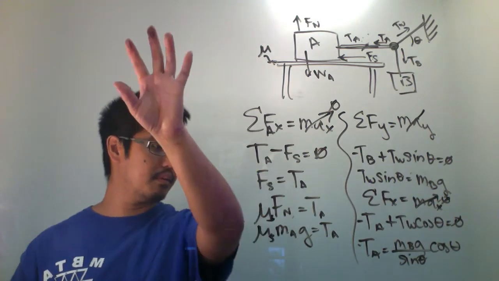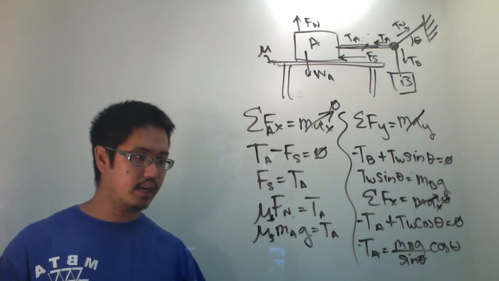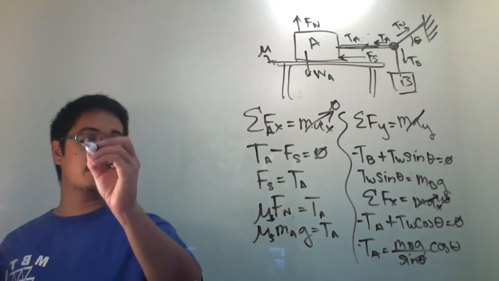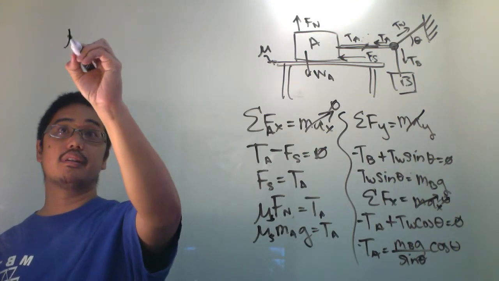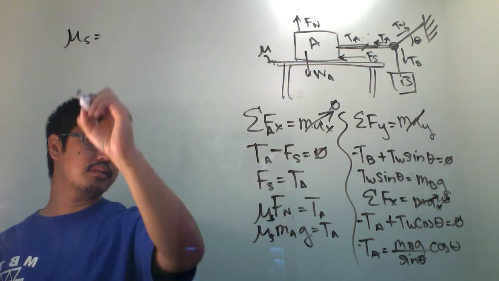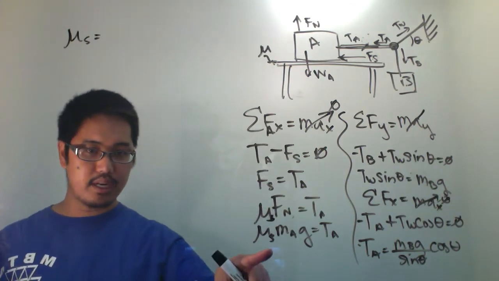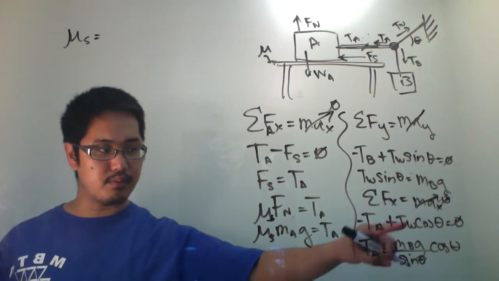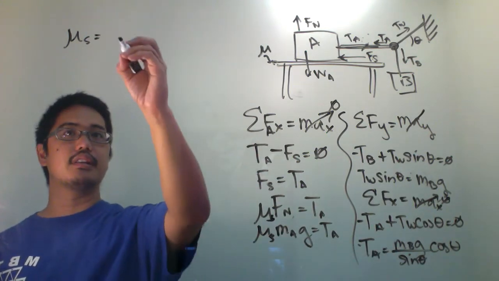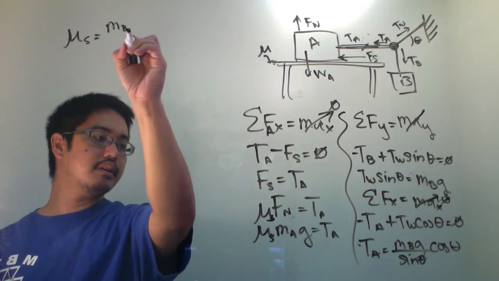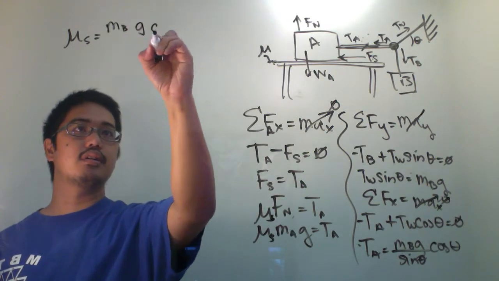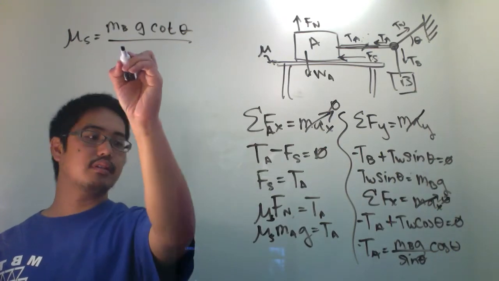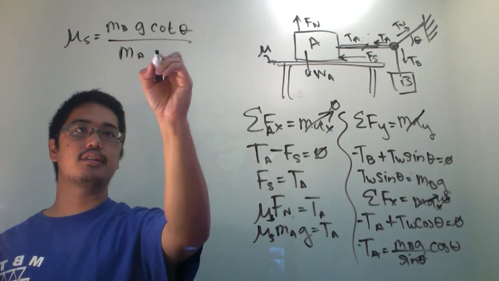Running out of room, maybe work up here. Actually, I've got my answer. My answer is, I'll write it up here, mu s equals, I'm just going to write this line down over here, but instead of a TA, I'm going to write what it's equal to. That would be MBG cotangent theta over MAG.